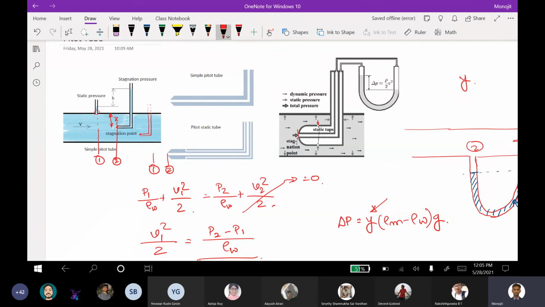And if you place the pitot tube at different locations of the pipe, what will you get? You will get point velocity at different locations at a specific cross section. So you are not changing the horizontal position of the cross section, but you are just sliding the pitot tube, keeping it at a specific cross section. Right. So you will get different velocities.